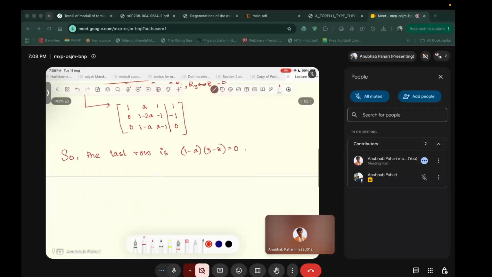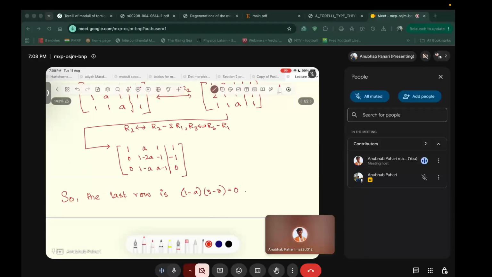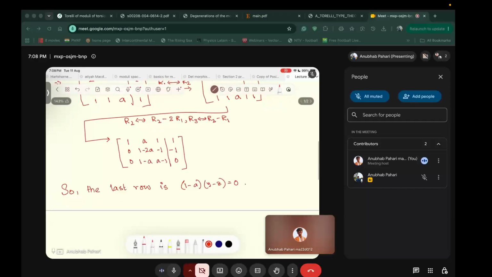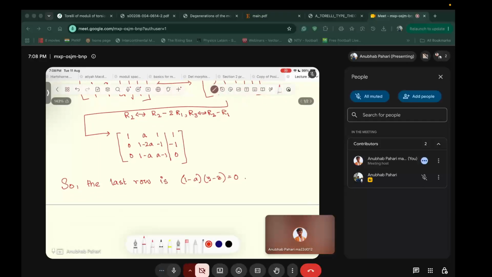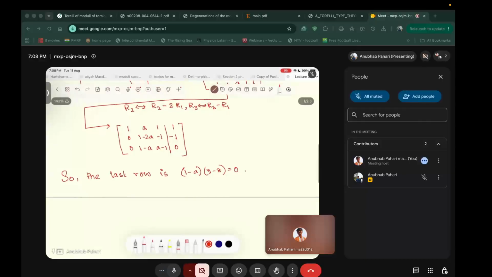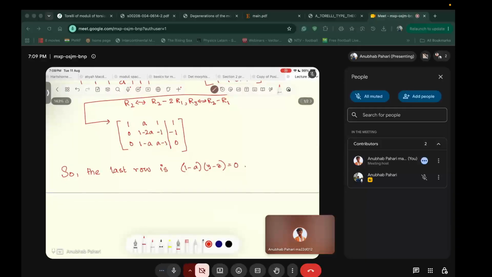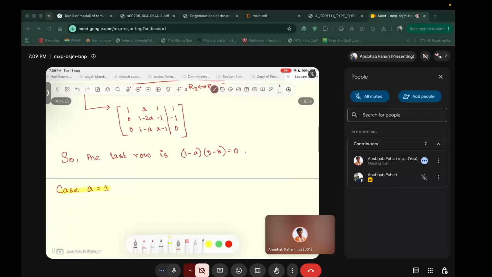Now obviously you can see that since there is only one variable here, there are a few cases to follow. So case 1, the case a equals 1, will be something like this.